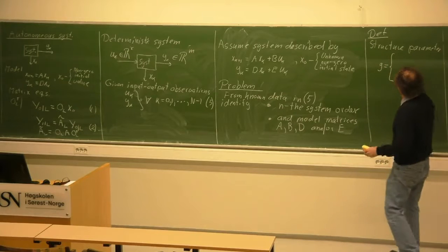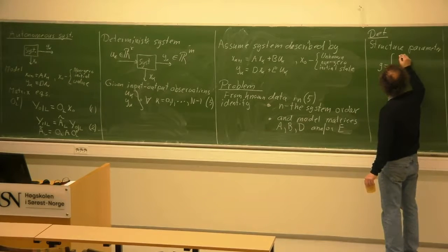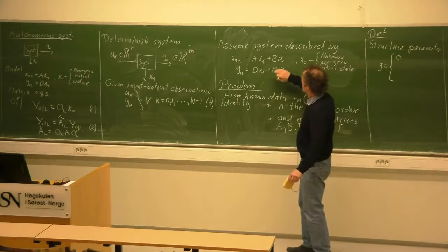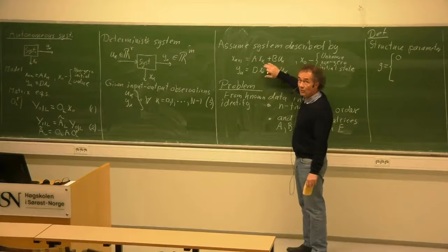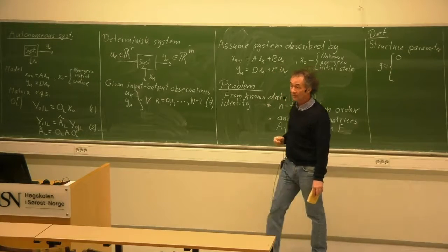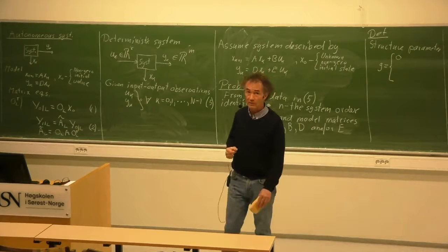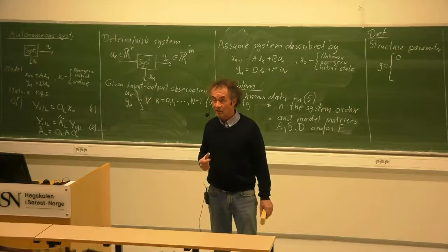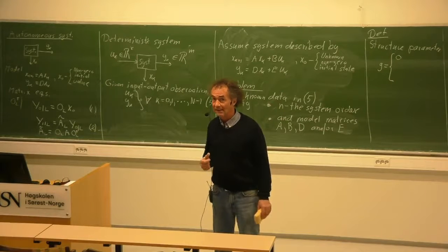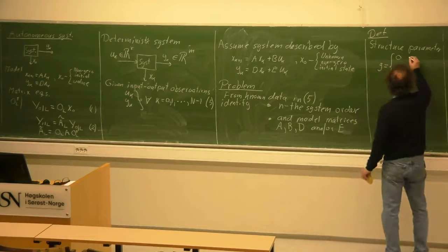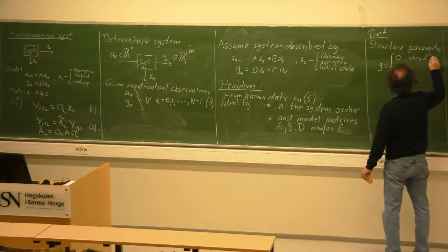If we put g equal to 0, then we assume that this term is 0, that the E matrix is 0. So in that case we don't have to identify the direct feed-through matrix E. So g is equal to 0 when we assume that E is equal to 0.